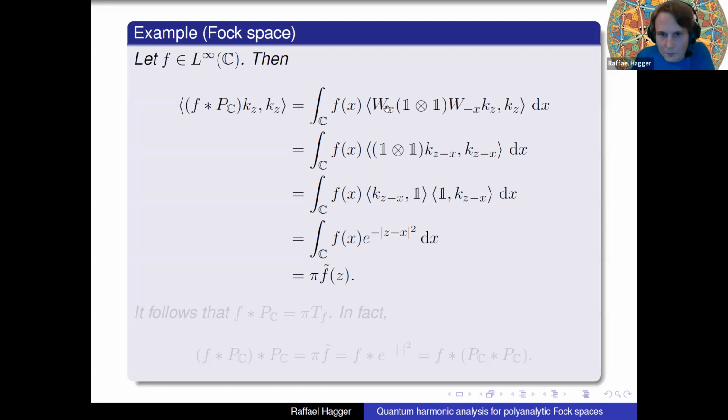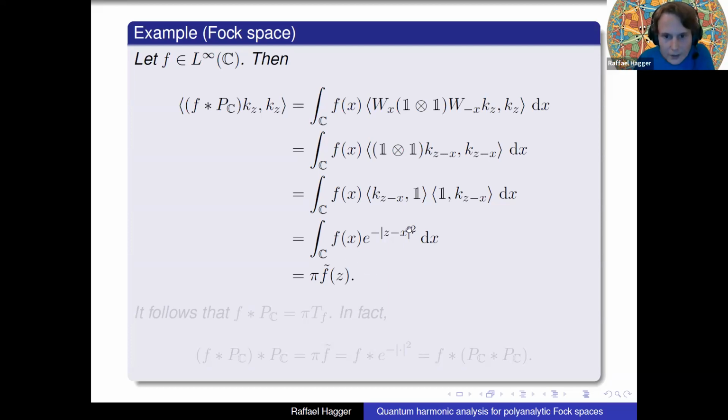Okay, I put it into the definition. We get this, again using some standard properties of how the Weyl operators interact with the normalized reproducing kernels. You use the definition of this tensor product, you get this simple thing, you can compute this, and you get an exponential. So this is really just a straightforward computation.